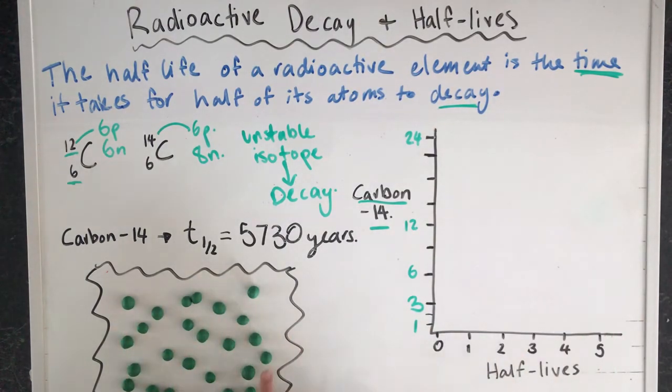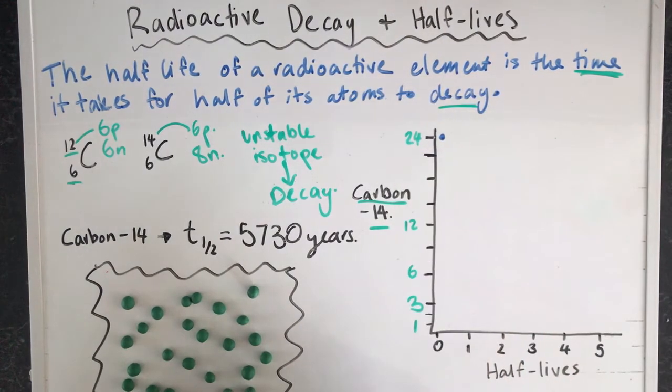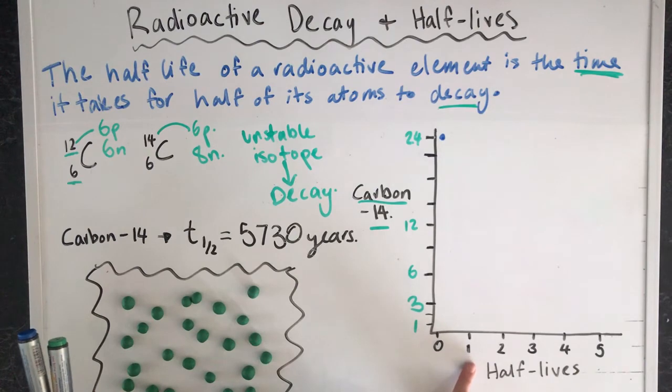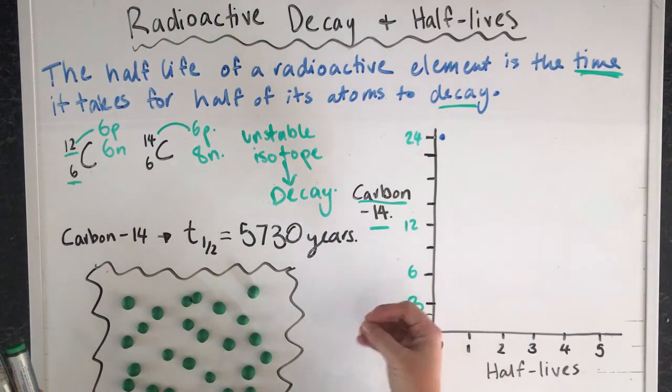So we've started here at time 0, so right now, we had 24 carbon-14 atoms. I'm going to mark that here in blue on my graph. There's my 24. In 5,730 years, or in one half-life, I'll have half of my carbon-14s left.